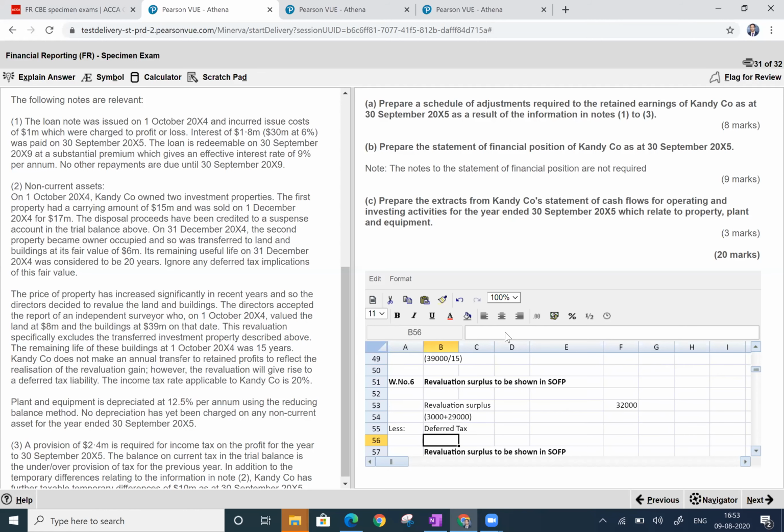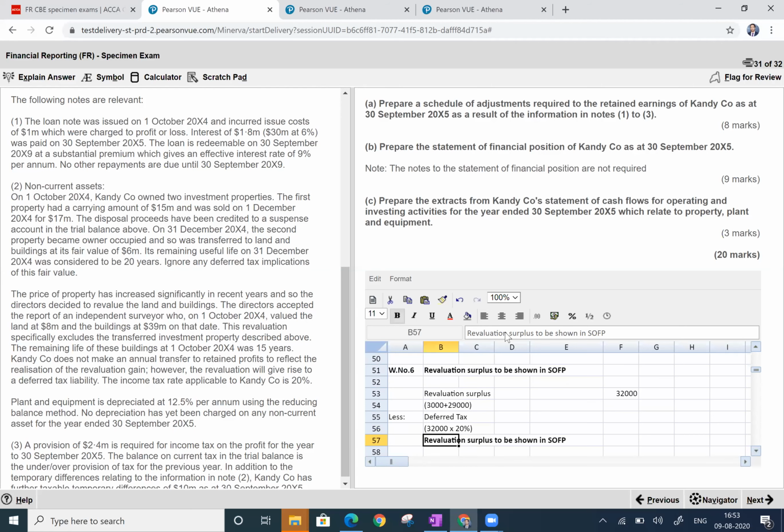So deferred tax will be 32,000 multiplied by 20%, which is minus 6,400.